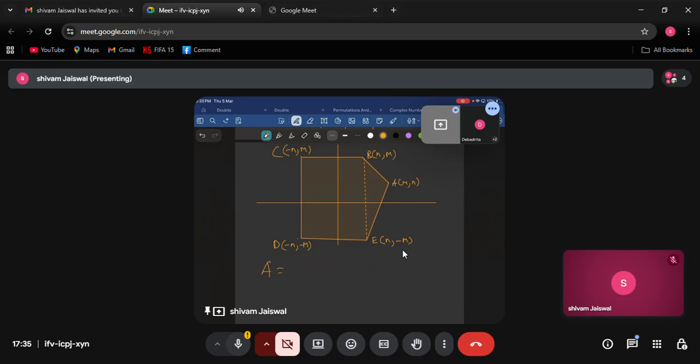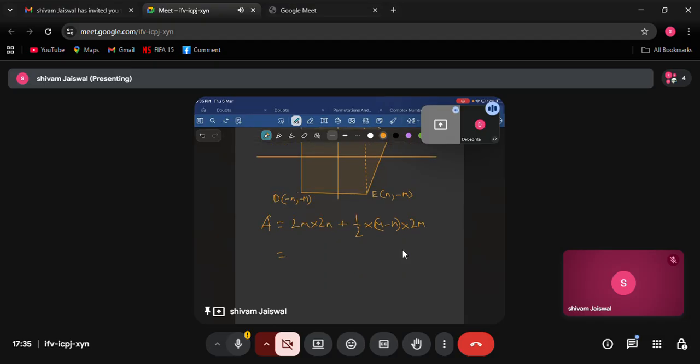Area is equal to area of the rectangle, 2n into 2m, which is 4mn, plus area of the triangle. Area of the triangle will be half into 2n, m minus n, minus n is 2n, into 2n.